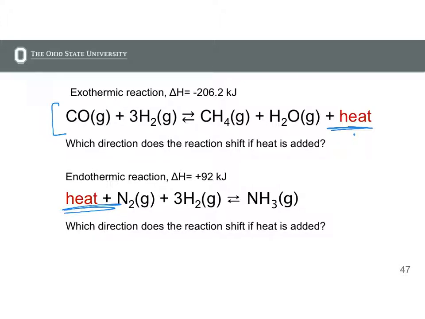So which direction does the equilibrium shift to regain equilibrium? Shifts to the reactant side. And if it's an endothermic reaction and we add heat, this shifts the equilibrium towards the product side.